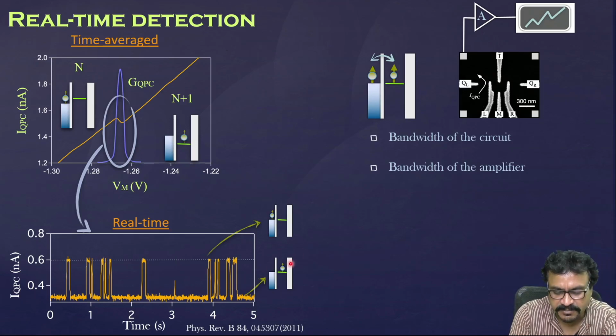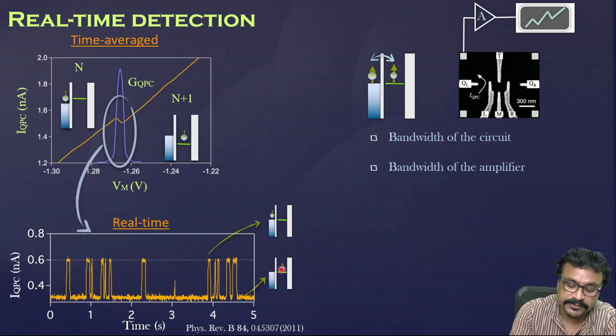For this measurement, just to show that the sensor is working, you align the dot level with the Fermi level, so that the dot has a probability to be occupied or empty, because the electrons can randomly tunnel back and forth due to thermal energy from the lead.